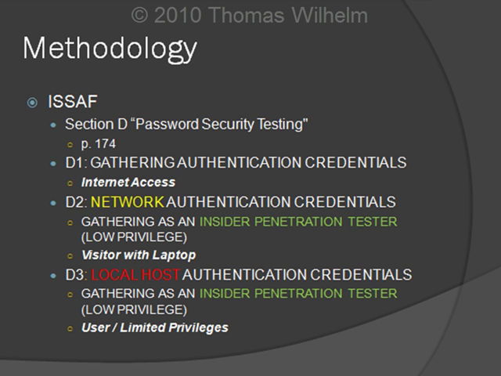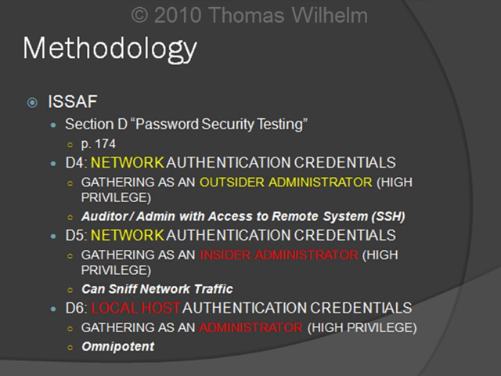Then the next step would be local host as an insider pen tester, which is simply a user with limited privileges. And then the next step after that would be more of an admin that has access to remote systems. This is where you do network authentication as an outside administrator.